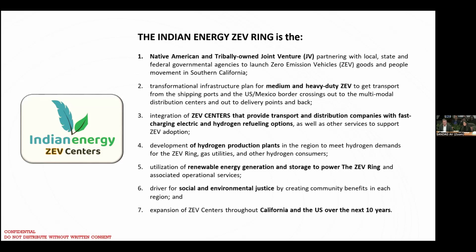This really is a social and environmental justice-driven initiative to be able to provide benefits to each of the communities where the ZEV centers will reside, but also together, the ZEV ring provides regional benefits to all of Southern California that are greatly needed and will be discussed here. And over the next 10 years, the goal would be to expand the ZEV ring throughout California and throughout the United States.